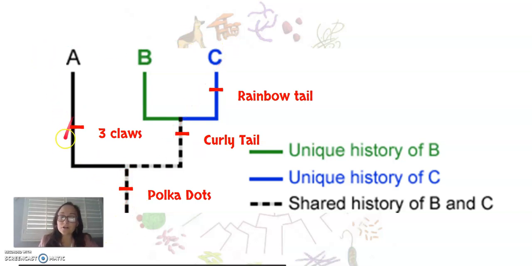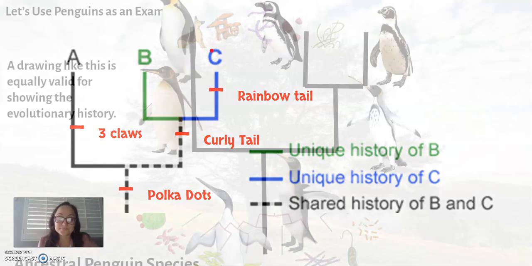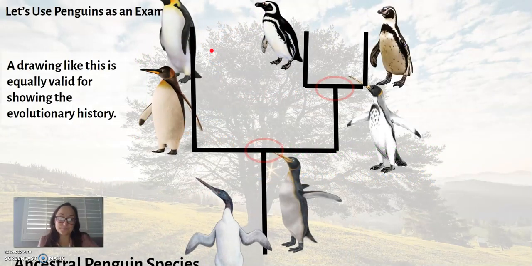But 3 claws, which these are all things I made up, would only show up in species A. It is unique to species A, where a curly tail is in the common ancestor of B and C. So you'd find a curly tail in B and C, and rainbow looks like it was selected for in the unique history of C.